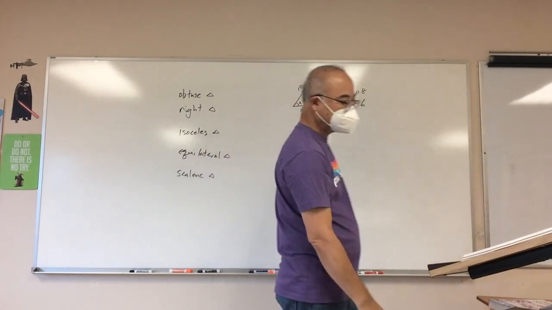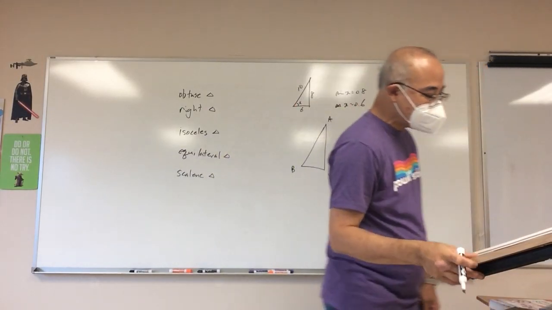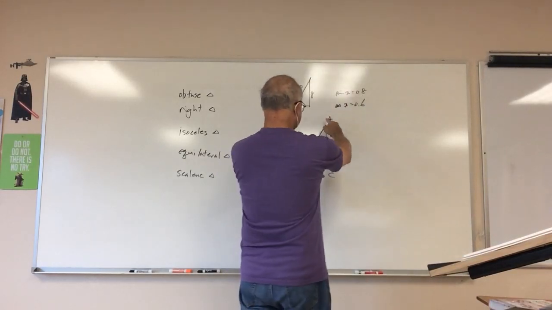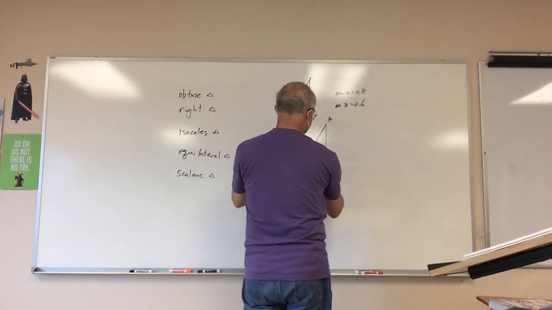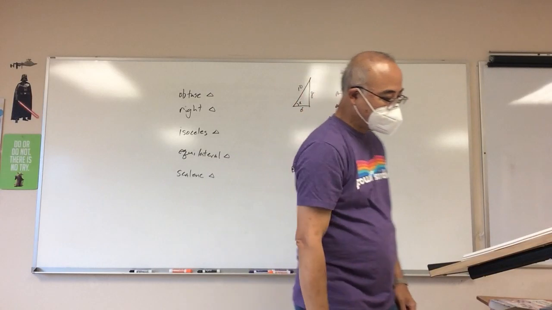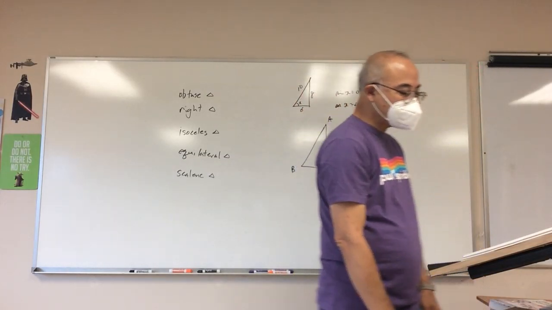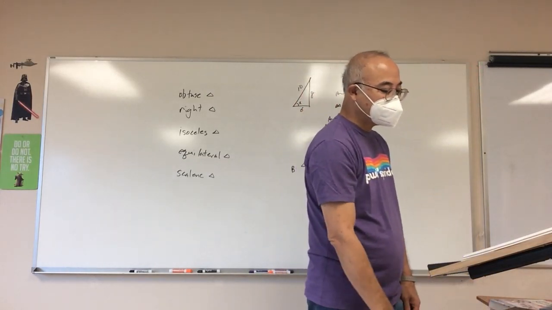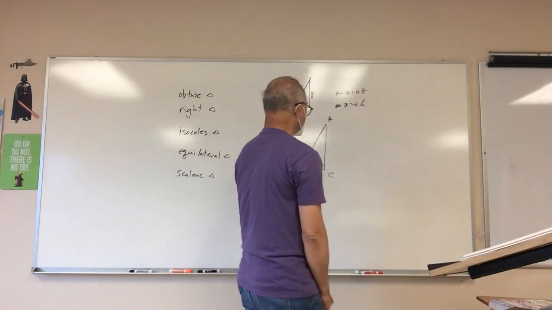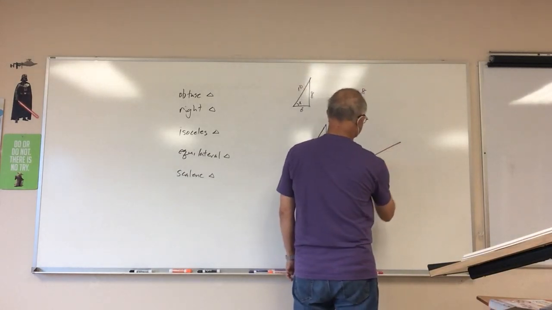Triangle ABC, where AC and BC are perpendicular. And the cosine of, let's redraw this.